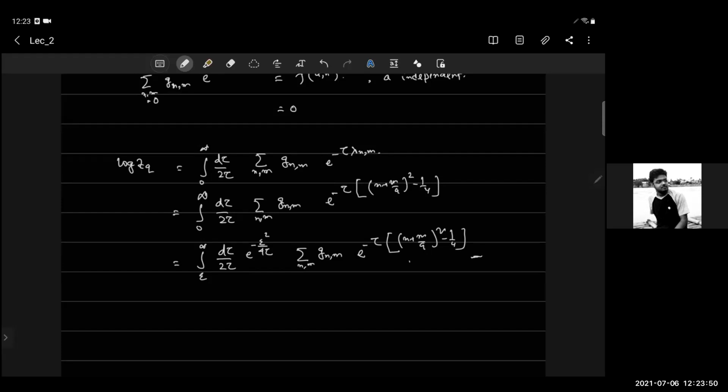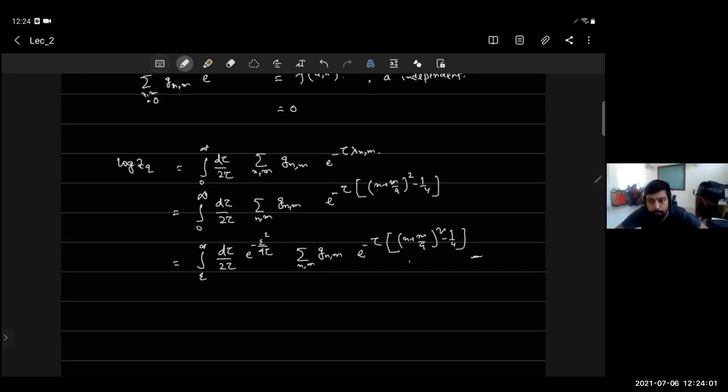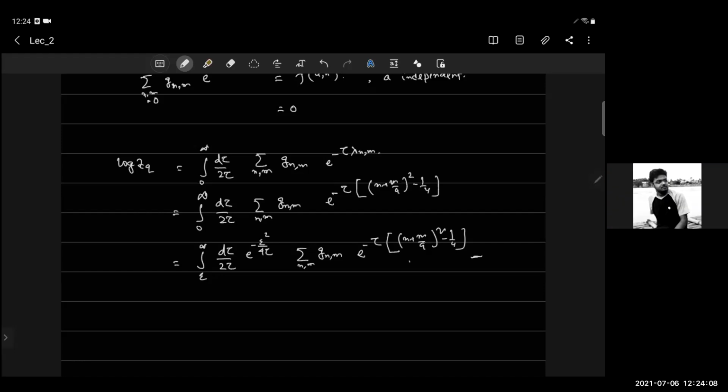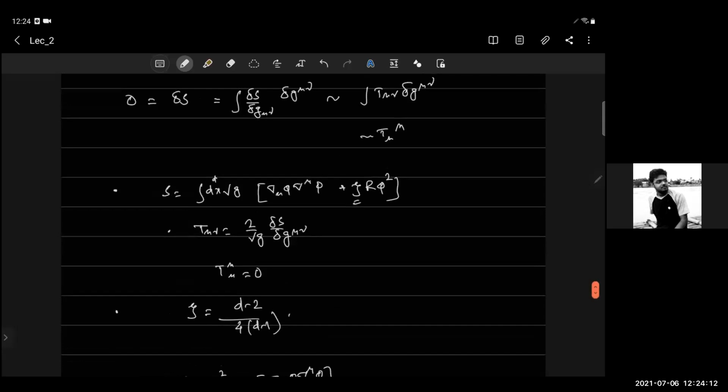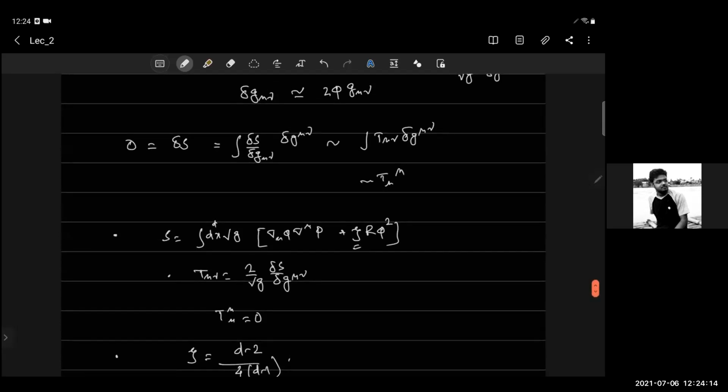If there is a question or comment, I can take it. People have seen this derivation in terms of the twist operator or something, but I didn't want to go that way because I have to generalize it for arbitrary dimension. So I have taken this path.